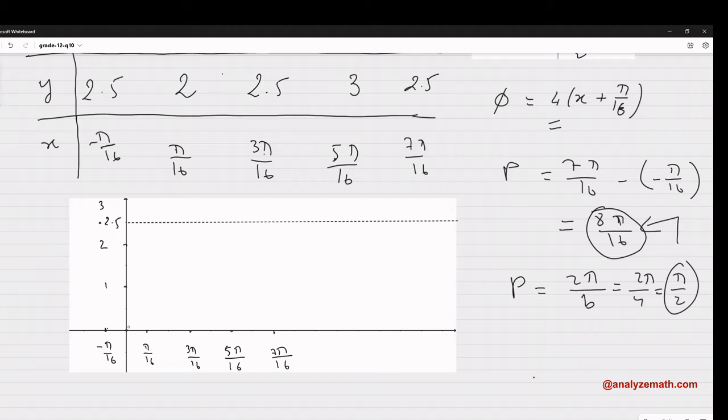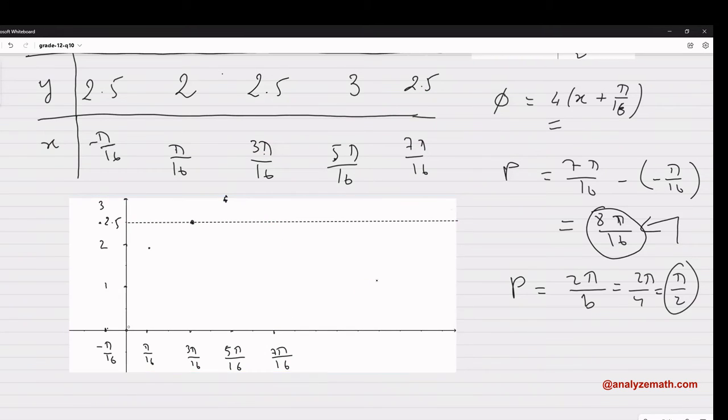Then 3 pi over 16 gives 2.5 again here. 5 pi over 16 gives me 3, so it's up at the top here. 7 pi over 16 gives me 2.5, on this line 2.5.